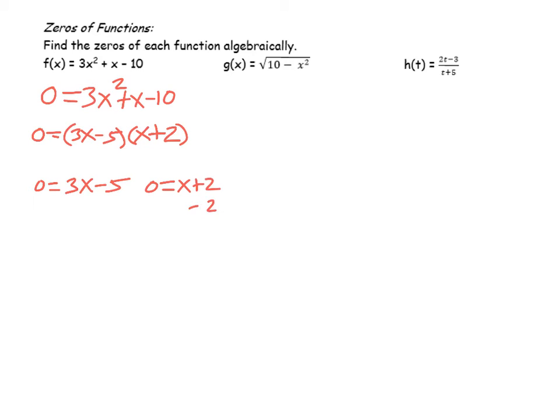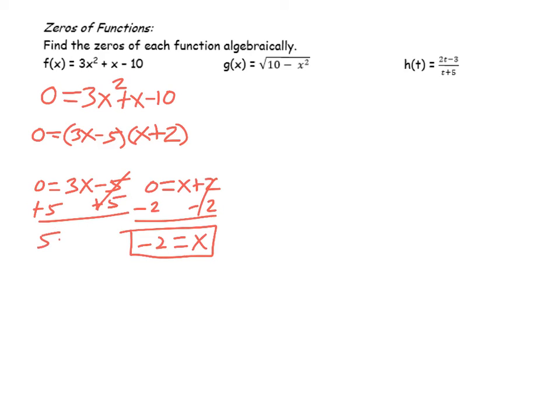Kind of our more typical case with the quadratic, we're going to get 2 zeros. Fraction for the other one, at 5/3. Okay?